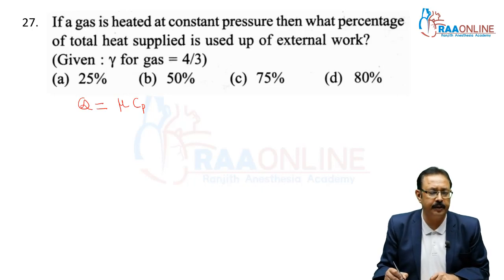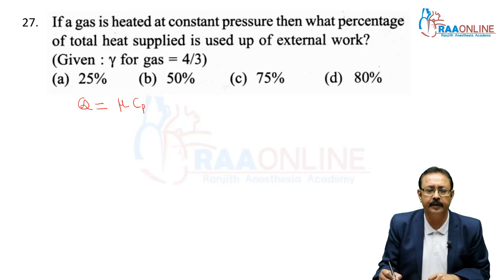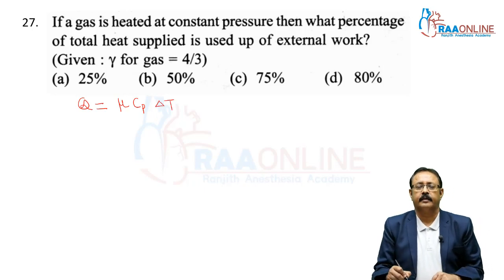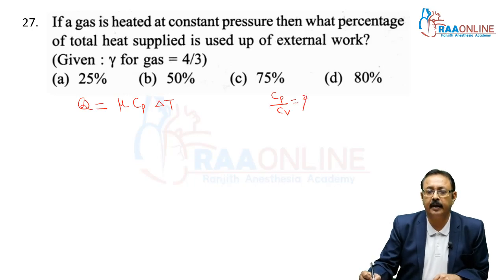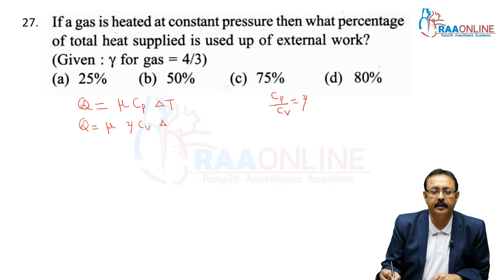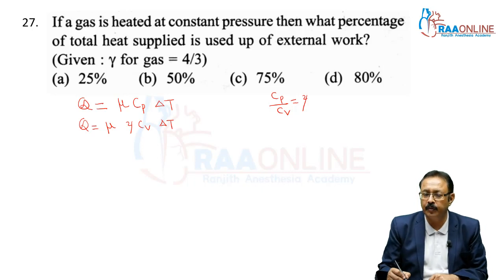Theta means change in temperature, which we take as delta T. But we know that Cp upon Cv is equal to gamma. So we can write Cp as gamma into Cv. So we can write Q equals mu into gamma Cv into delta T.